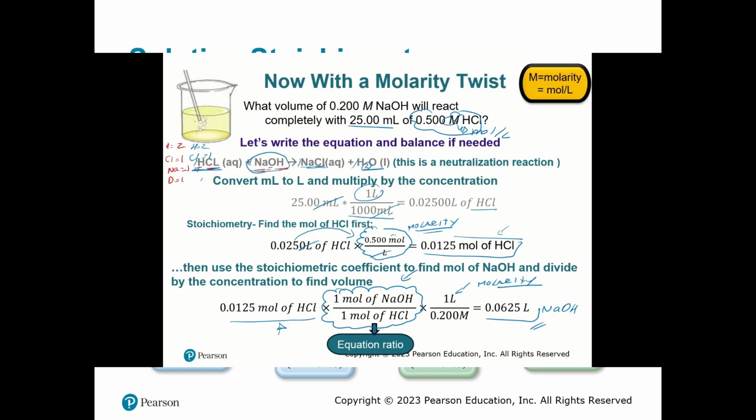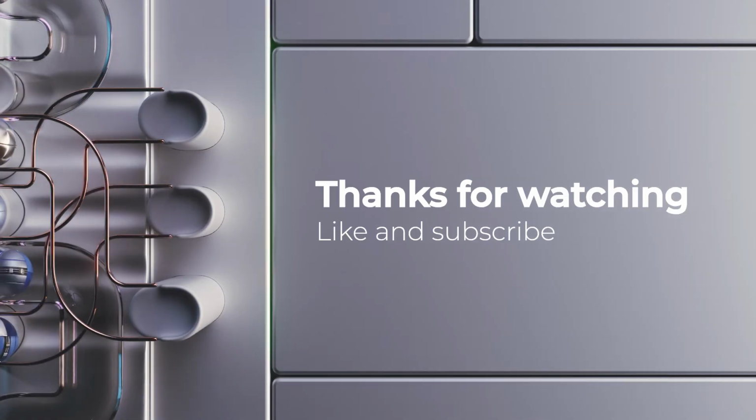Pretty easy, the same thing that we did before with the mass of some reactants, where we used the molar mass to find moles first. Now you have volume and concentration, so you use the concentration to find moles before you find the moles of the other reactant or product in your reaction. That's it. That's all.